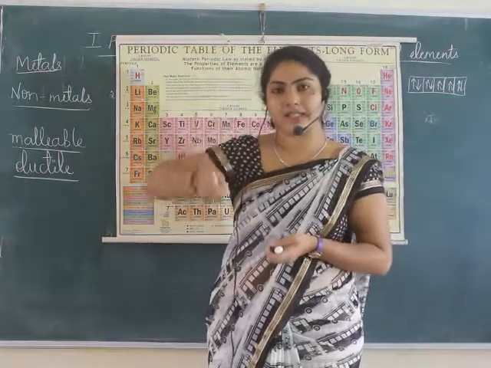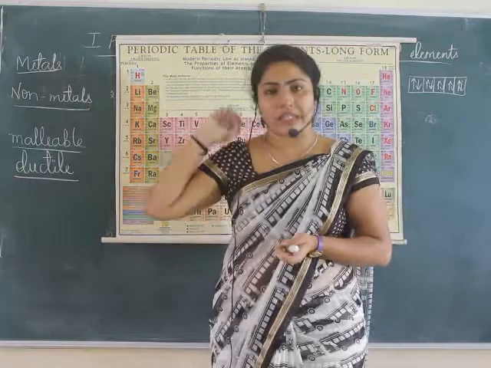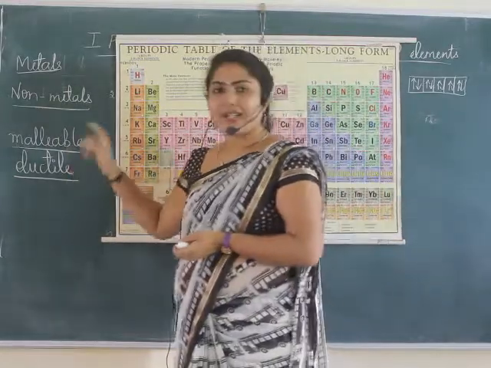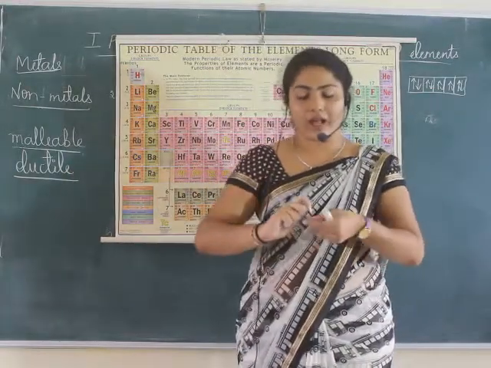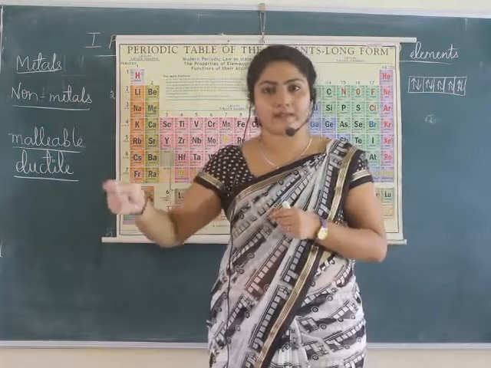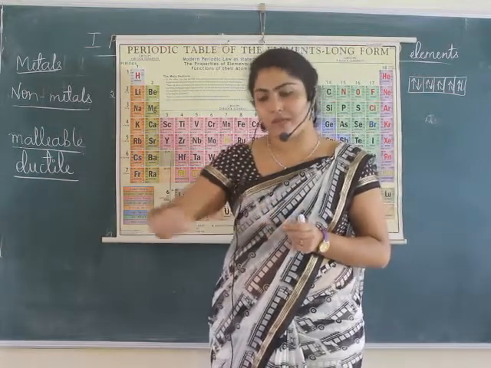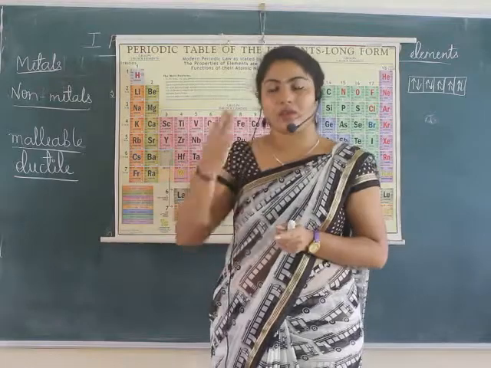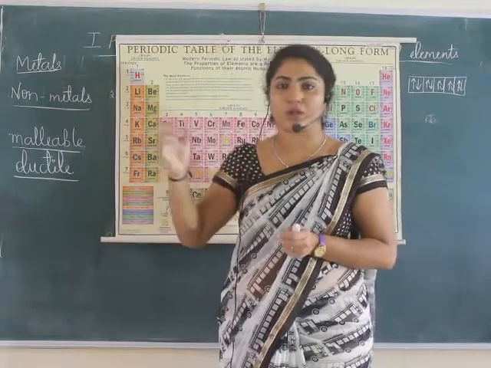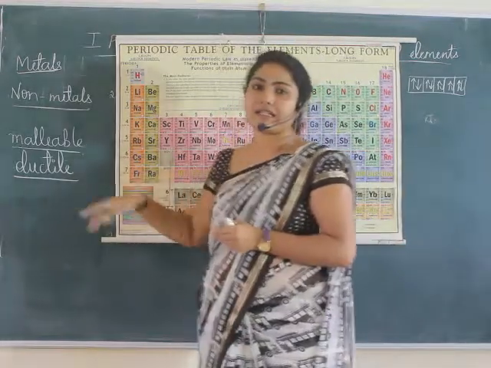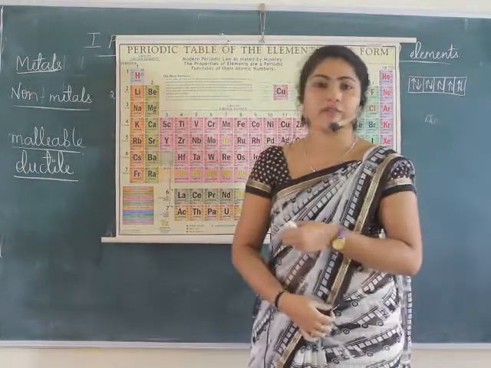You can beat it and convert it into thin sheets. Ductility means you can convert it in the form of wires. Say copper, you can form it into a wire. Iron, you can beat into sheets. So malleability and ductility are again the important properties of metals.